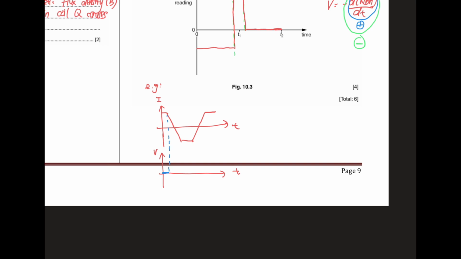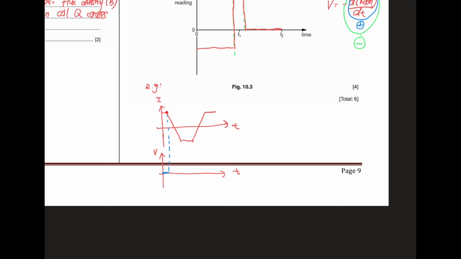This part, you see the graph is going down, negative gradient. When it's negative, there is another negative based on Lenz's law to make it positive.